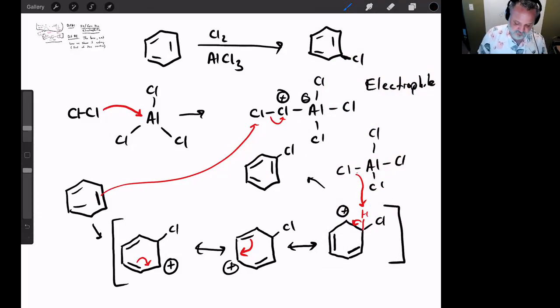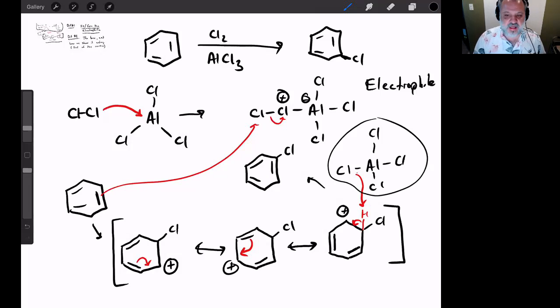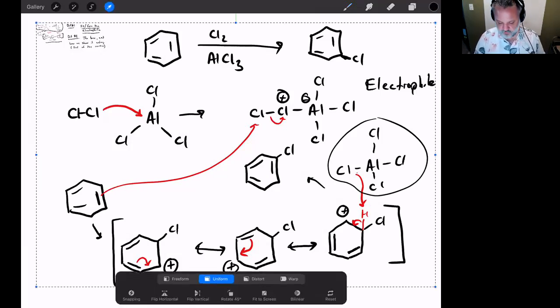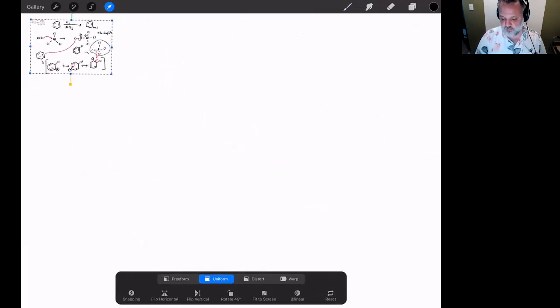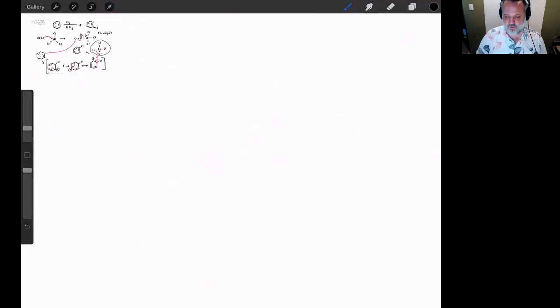The double bond comes out, it attacks the electrophile, and the sigma complex forms. There's 3 versions of that, and then something comes along and acts as a base. Let me pause real quick and see if there are any questions about chlorination. So far we know bromination and we know chlorination.